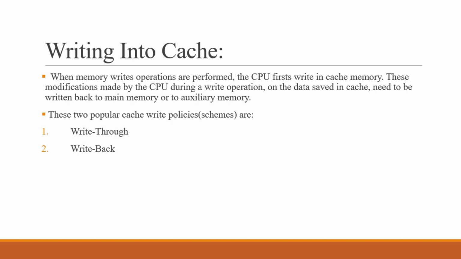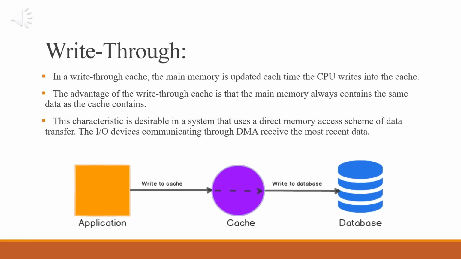So these two popular cache write policies are write-through and write-back. Write-through is a storage method in which data is written into the cache and the corresponding main memory location at the same time.